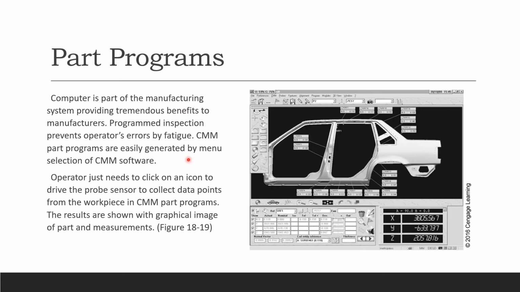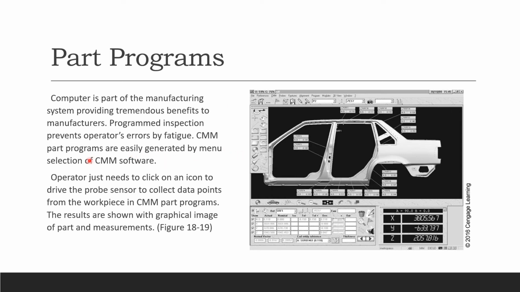Part programs. The computer is part of the manufacturing system. We heavily use it today, providing tremendous benefits to manufacturers, and everybody loves it because it's so convenient and makes our lives so easy. Program inspection prevents operator errors caused by fatigue. It's just reducing human error.